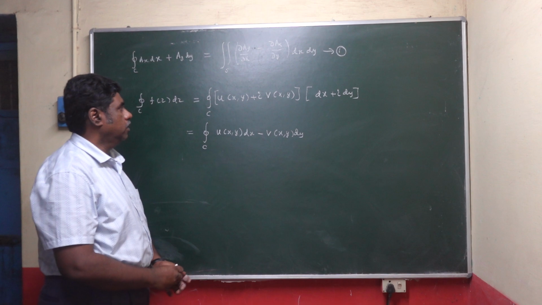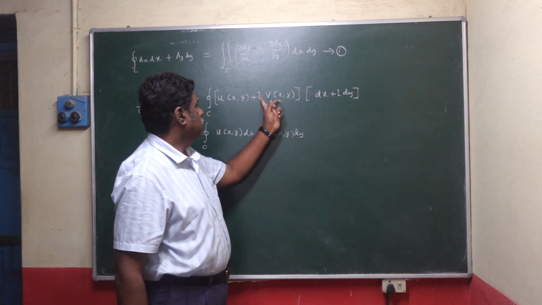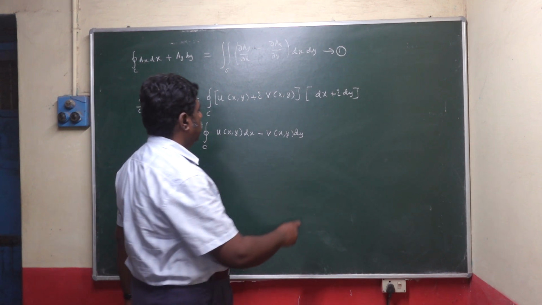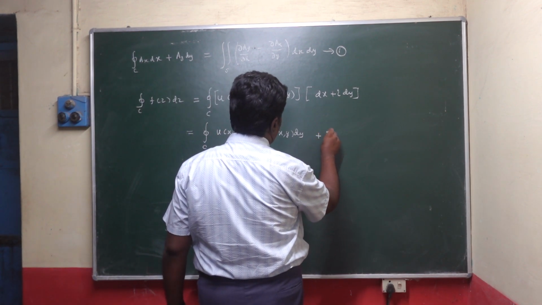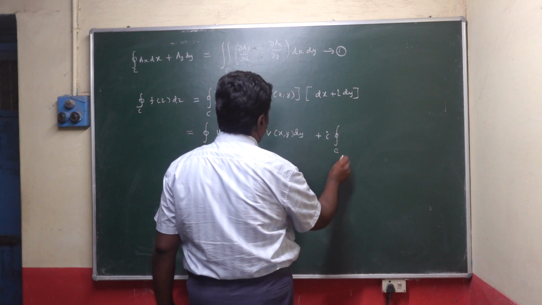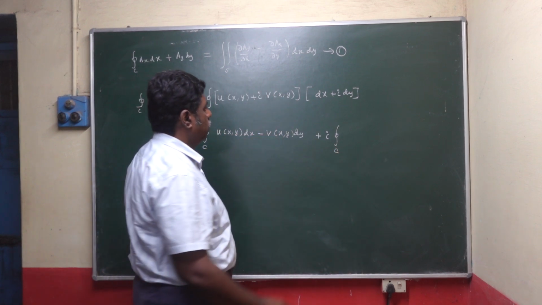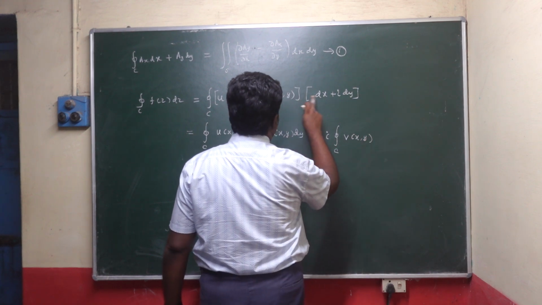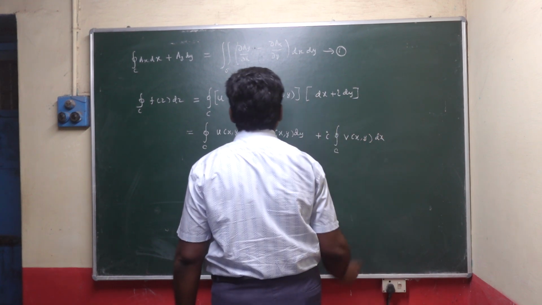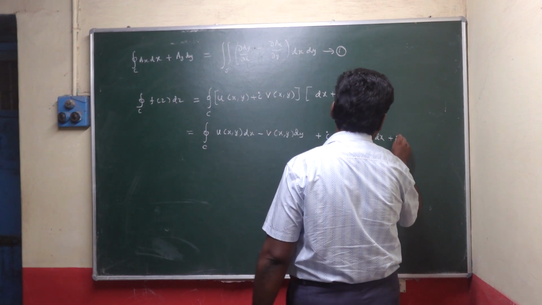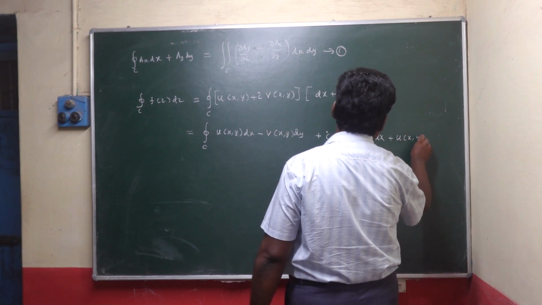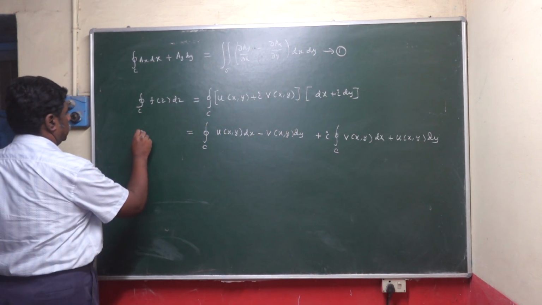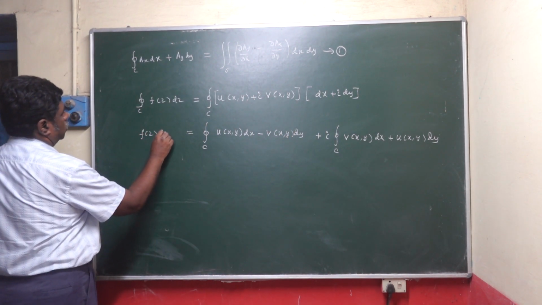This is our real part. u of x comma y into dx, i into i square minus 1, so minus v of x comma y dy, plus i into v of x comma y into dx, then plus u of x comma y into dy. Okay, this is equation number 2.